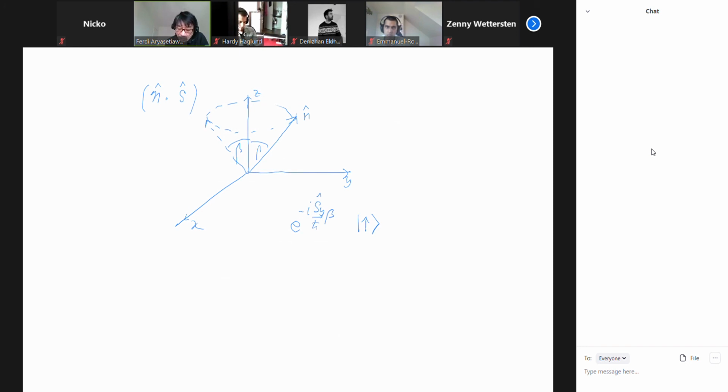So we start with a state here along the z direction, and we rotate by an angle beta. Then we rotate it again with angle alpha around the z-axis. So this should be z.